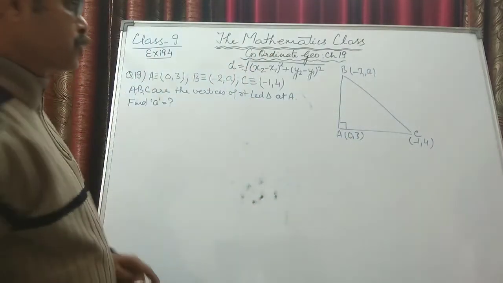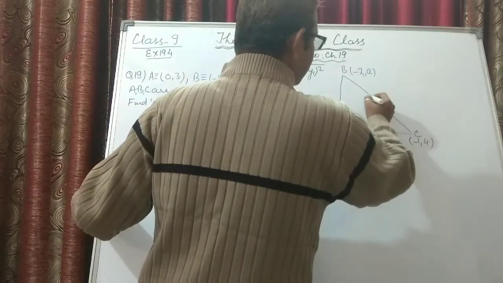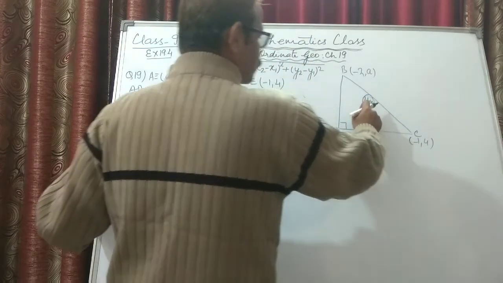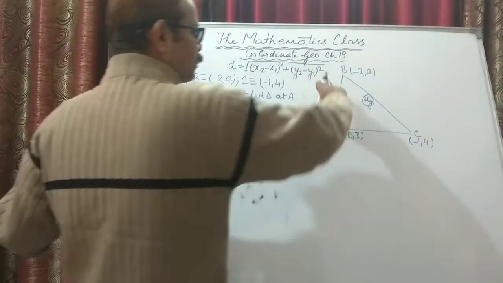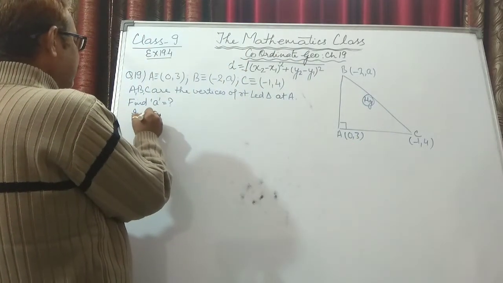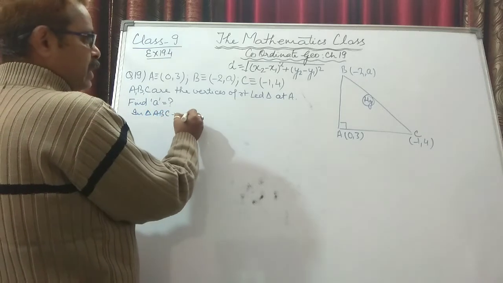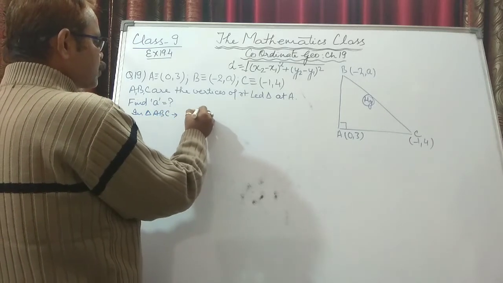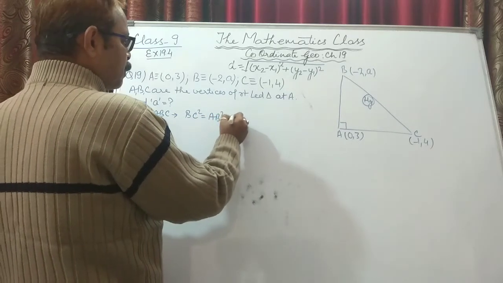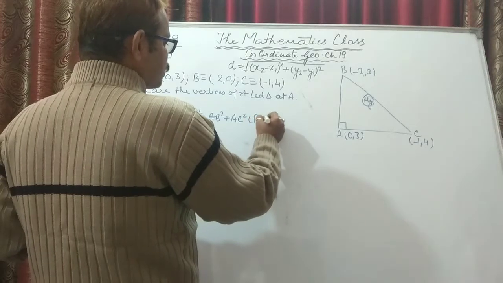In this case BC will be the hypotenuse. We know that the hypotenuse square is always equal to the sum of the squares of the other two sides. So in triangle ABC, BC square is equal to AB square plus AC square by Pythagoras theorem.